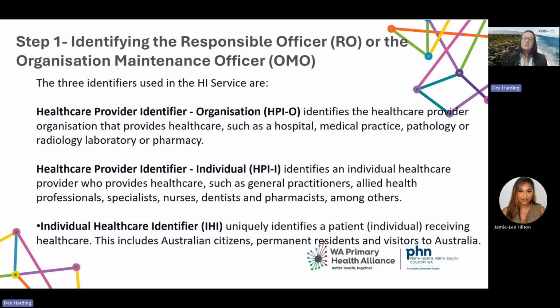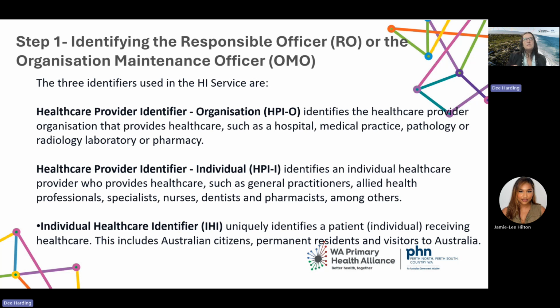For clinicians, this is not your APRA number. Some people think that your HPI-I is your APRA number. It's actually the ID that you use to log into your APRA, and then it has a numeric sequence at the beginning of it. If you need any further information around that, don't hesitate to reach out.